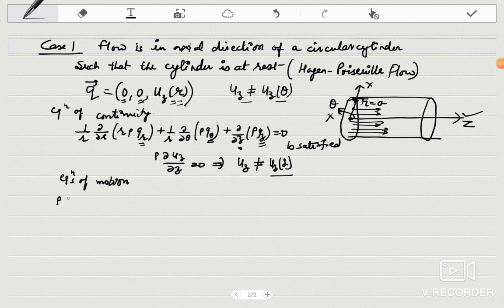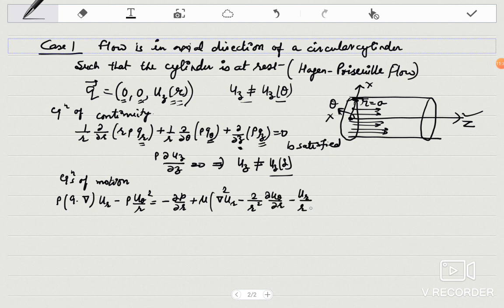Now it will be rho q dot delta ur minus rho u theta square upon r is minus delta p/delta r plus mu times delta 2 ur minus 2 upon r square delta u theta/delta r minus ur upon r square. This is your equation of motion in the r direction, or radial direction.